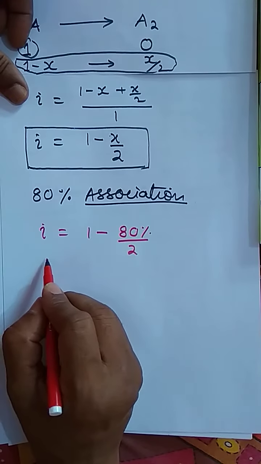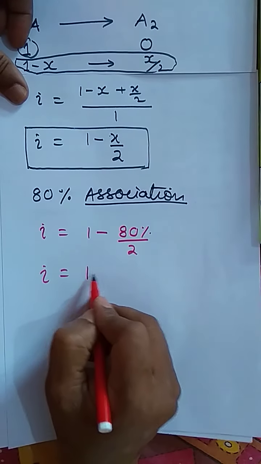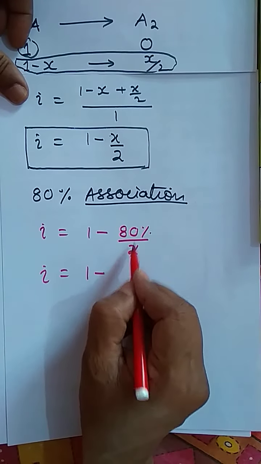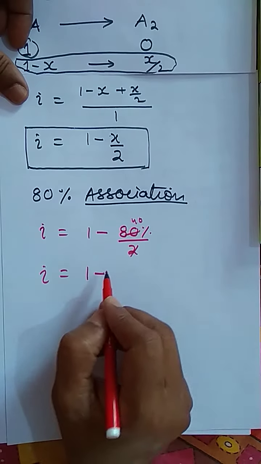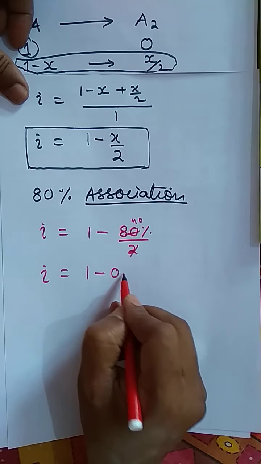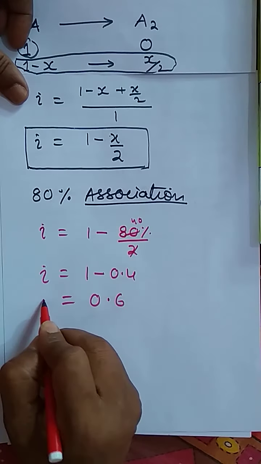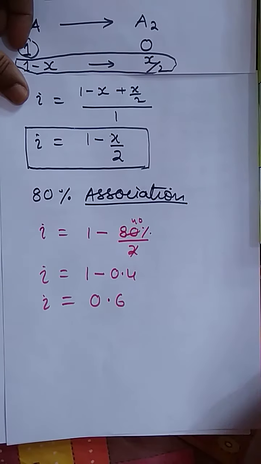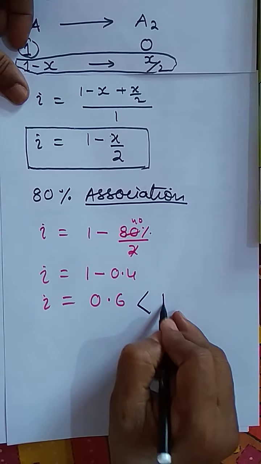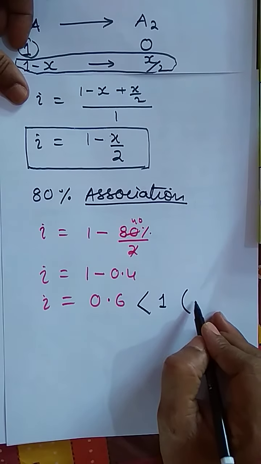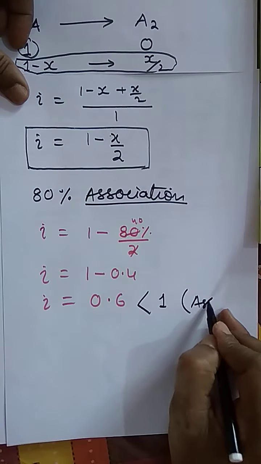This is I is equal to 1 minus 40%, which means 0.4, so this is equal to 0.6. The value of I is 0.6. It's less than 1 because it is the case of association.